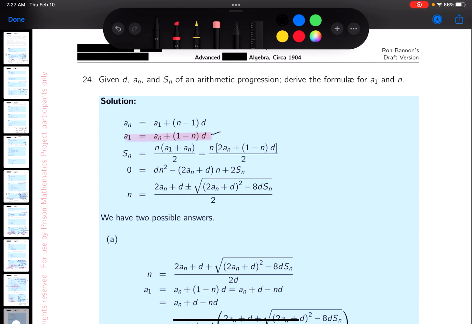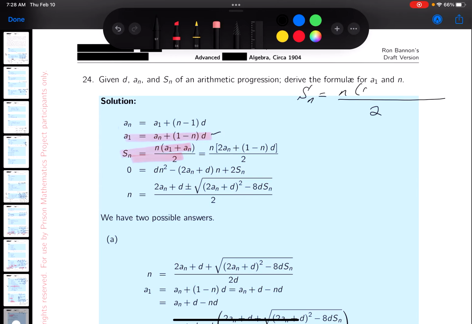So the next thing I would probably write down is the SN formula. And what's that going to be equal to? Well, we know what that is. And what's A1? Well, let me write this down now. So SN, I want to see if I can figure this out. SN, N over 2, and I'm just copying. And what's A1?